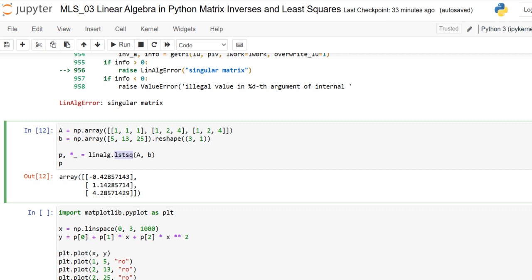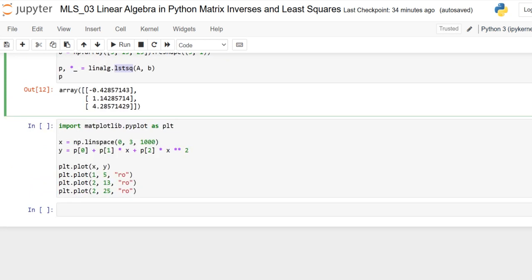Okay, so now let me consider a linear system that has no exact solution. So this exact least square provides the coefficients that minimize the squared error. By using this plotting, let me just observe what it has.